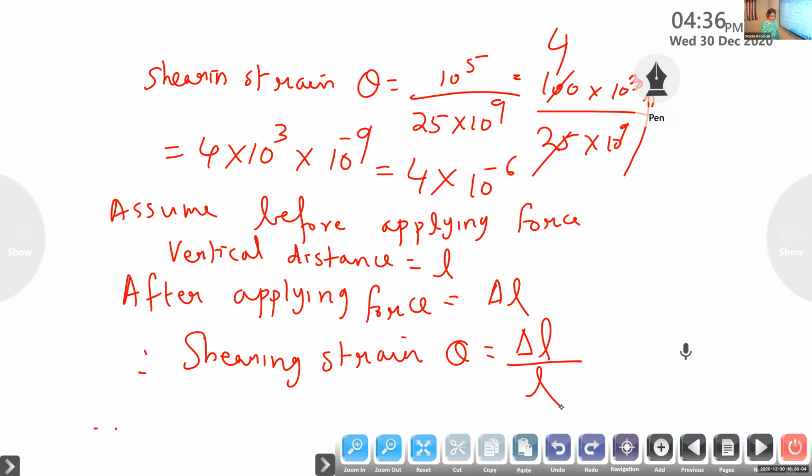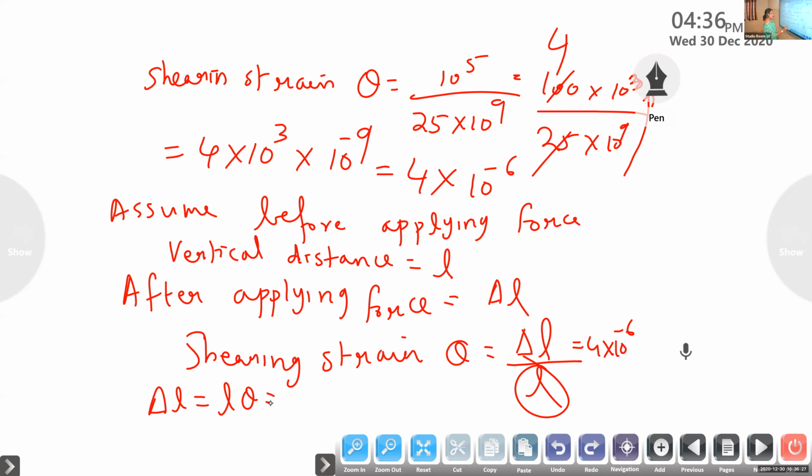Now we already got theta as 4 into 10 to the power of minus 6. The length is already given as 10 centimeter, that is 0.1. So from this equation you get del L is equal to L theta.